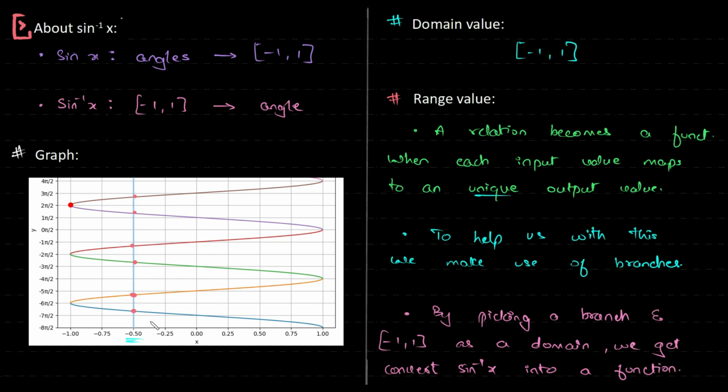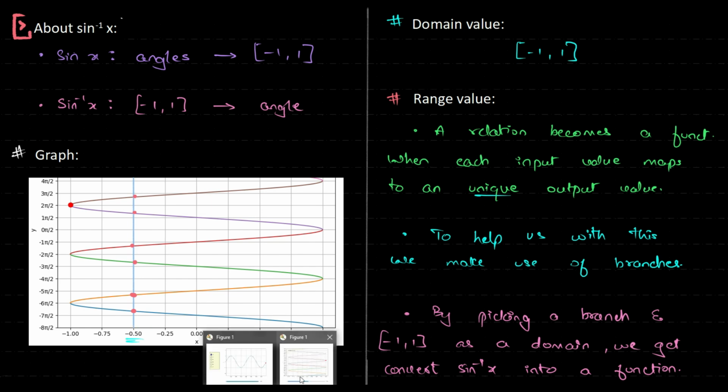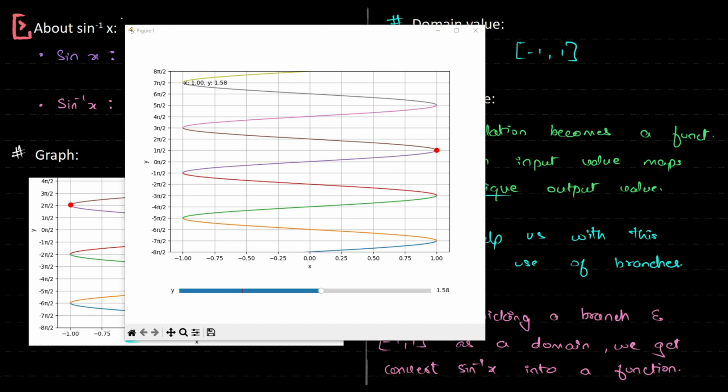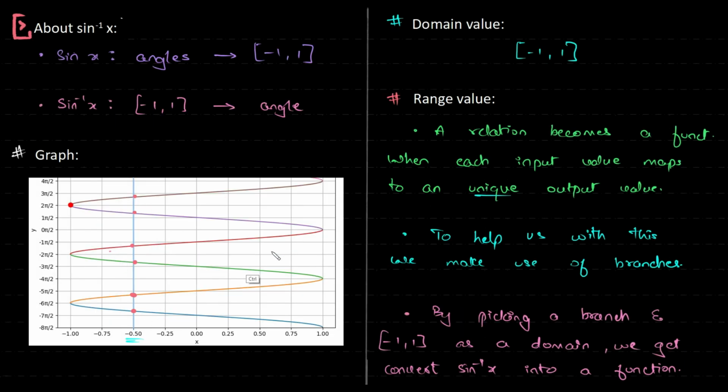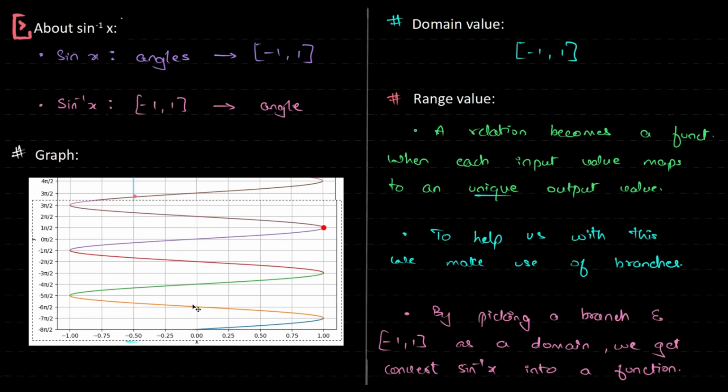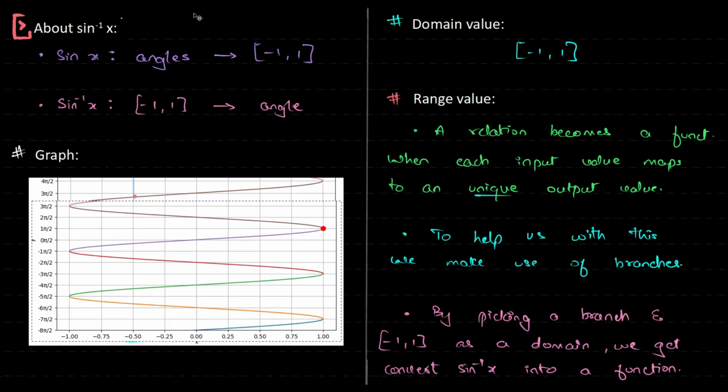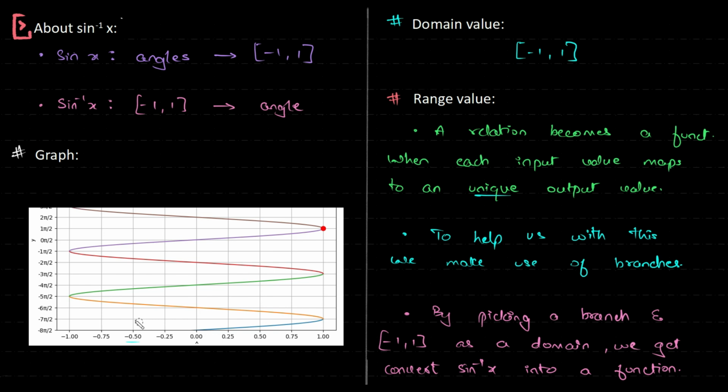Okay, if someone tells me, you know what, I'll give you an input of -0.5. What is the output? And I'll ask them, okay, tell me the branches. Okay, this is not right. This graph is wrong. If I ask them what is a branch, and if they tell me, I'll give you a branch of -5 pi by 2 to 7 pi by 2, then my output will be over here.